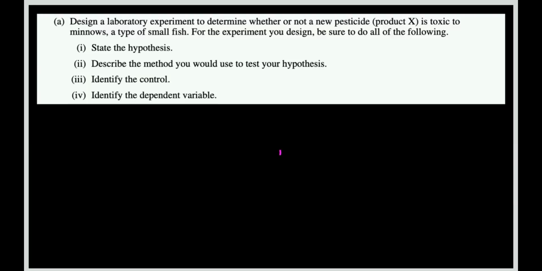And really one of the easiest ways to state a hypothesis is just using an if-then statement. So for example, since we want to know if product X is toxic to minnows, we might say if minnows are exposed to product X, you could even mention increasing concentrations of product X or something like that.